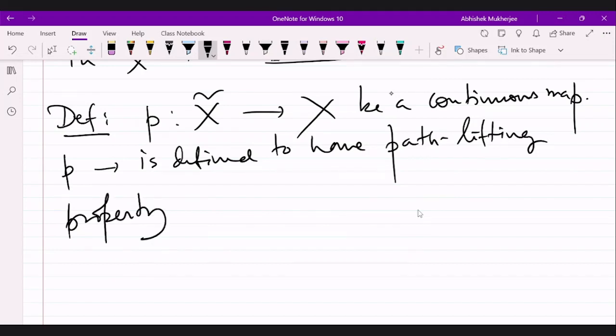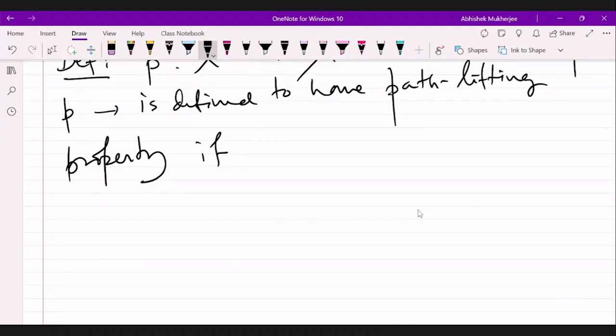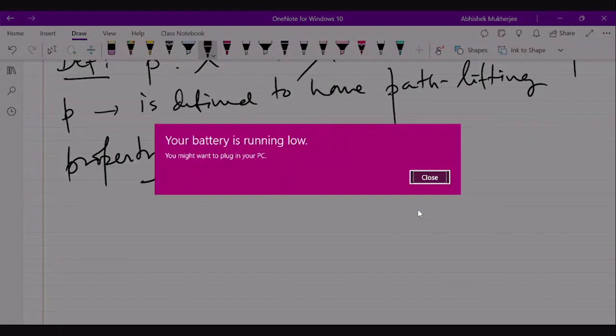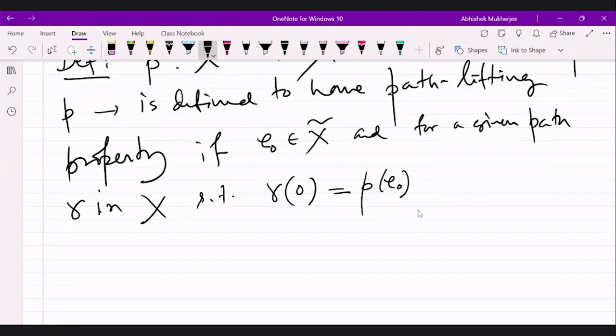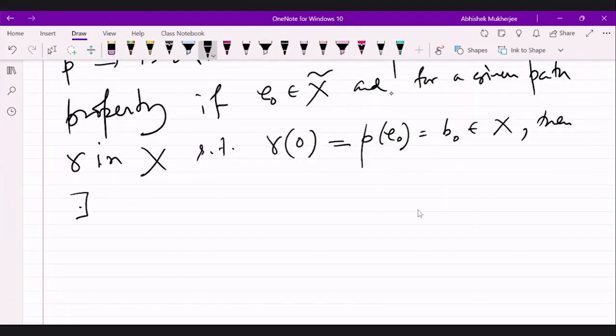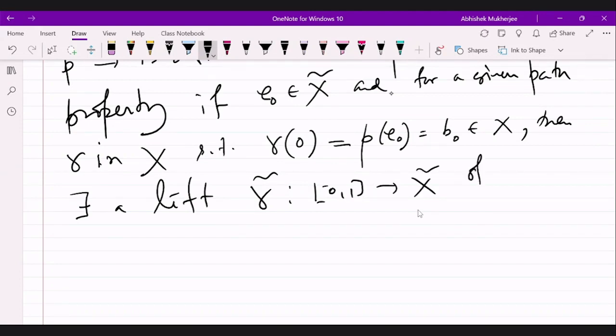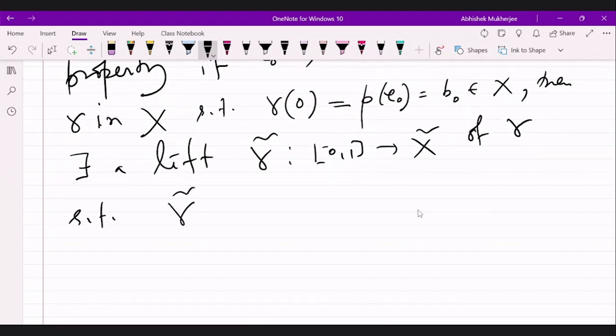is defined to have the path lifting property if for any specified point e naught belonging to X tilde, and for a given path gamma in X such that gamma naught is p of e naught, let us call it b naught in X, then there must exist a lift gamma tilde from [0,1] to X tilde of gamma such that gamma tilde of 0 must be e naught.